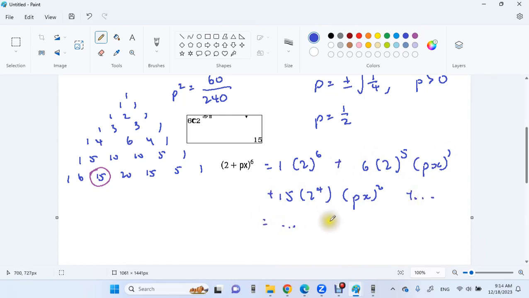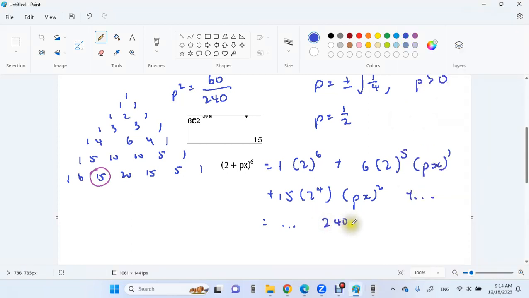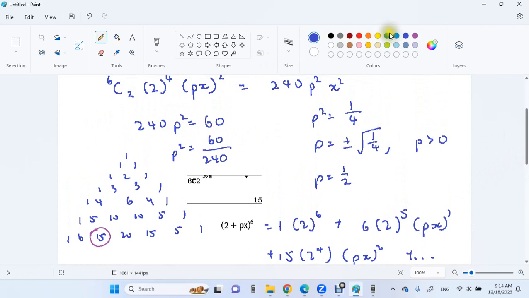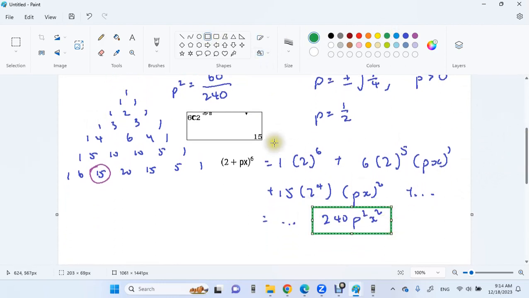So we have 15 times 2 power 4, which is 240. So 240 p squared x squared. So we have the same thing as this. Then the following steps will be the same.